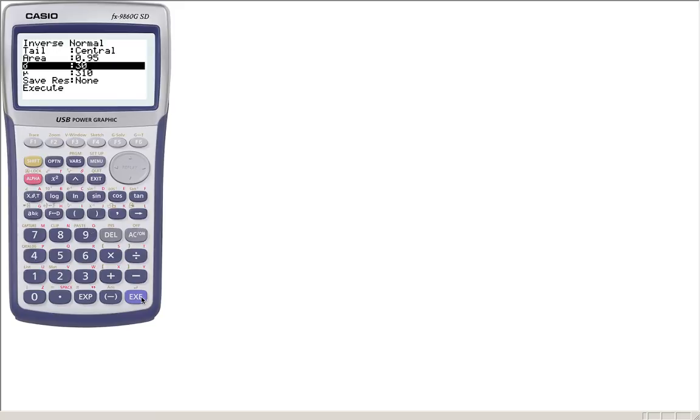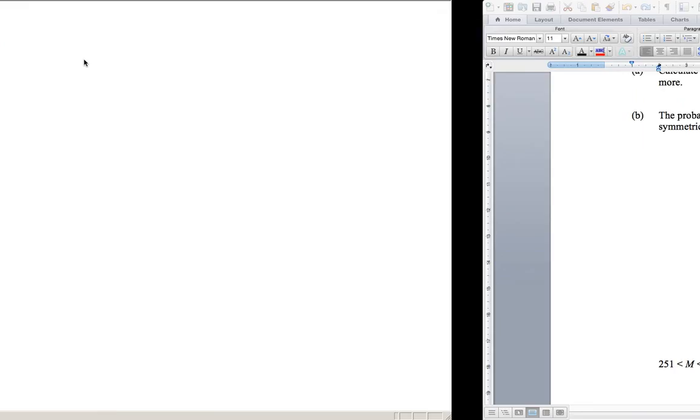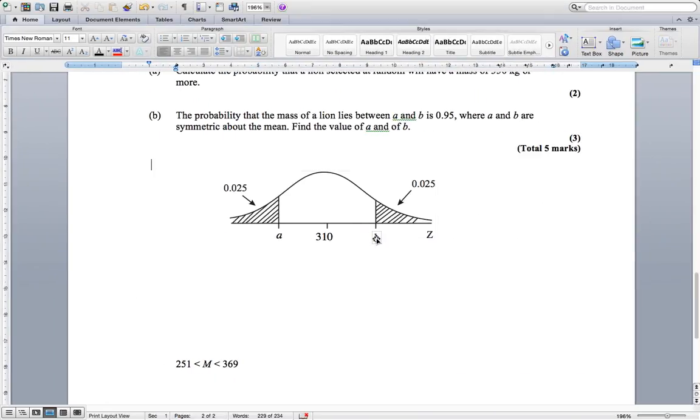Rest everything are same. Now lower limit is X, lower limit is 251.20, that is 251. So 251 is the value of A. You can see the answer 251, and 368.7, that means 369 is the value of B, right? So that is how you can find the value of A and B.